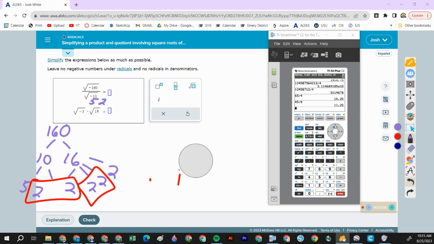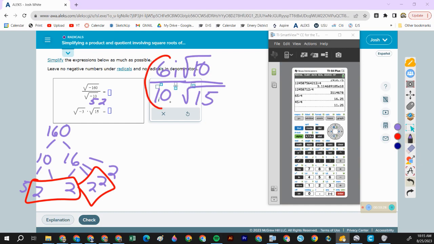Okay, what if it simplified to be 6 over 10 i root, let's say 10 over root 15? What can I simplify here? A 2. So we get 3 over 5.